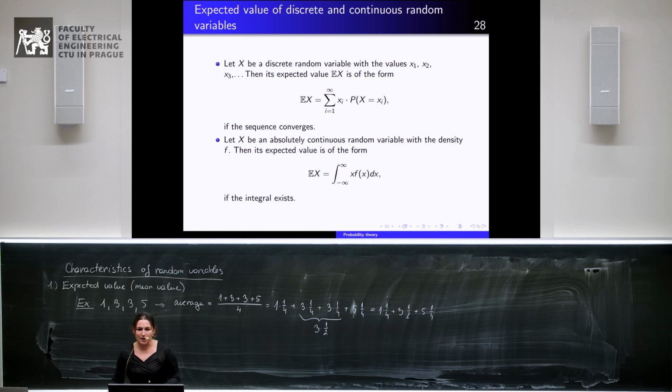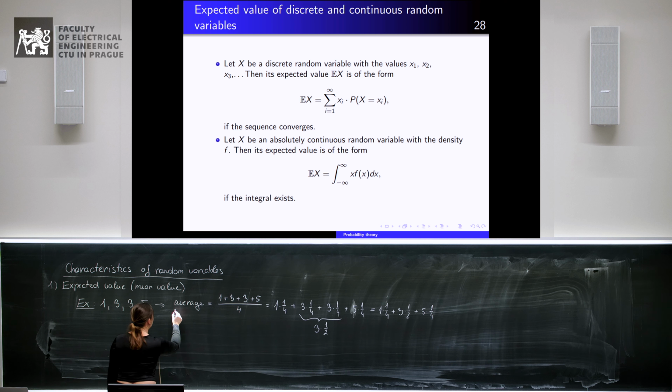When you look at the slide, you can see that when we consider a discrete random variable, then the expected value, which is denoted by bold E times X, is given by the sum of taken values multiplied by their probabilities. So in fact, this expected value is nothing other than the theoretical average.